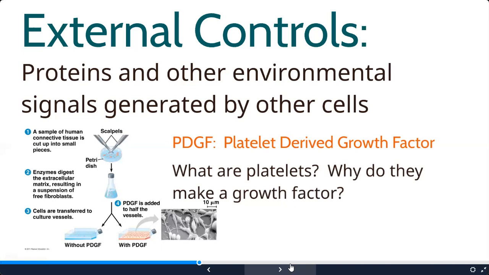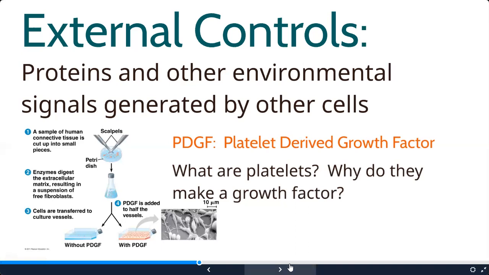So this chemical will stimulate cell division if it triggers receptor proteins on the membranes of cells. So other cells will make this growth factor, export it from that cell, and then it will travel around in the bloodstream or the interstitial fluid until it hits receptor proteins on the cell membrane of another cell.